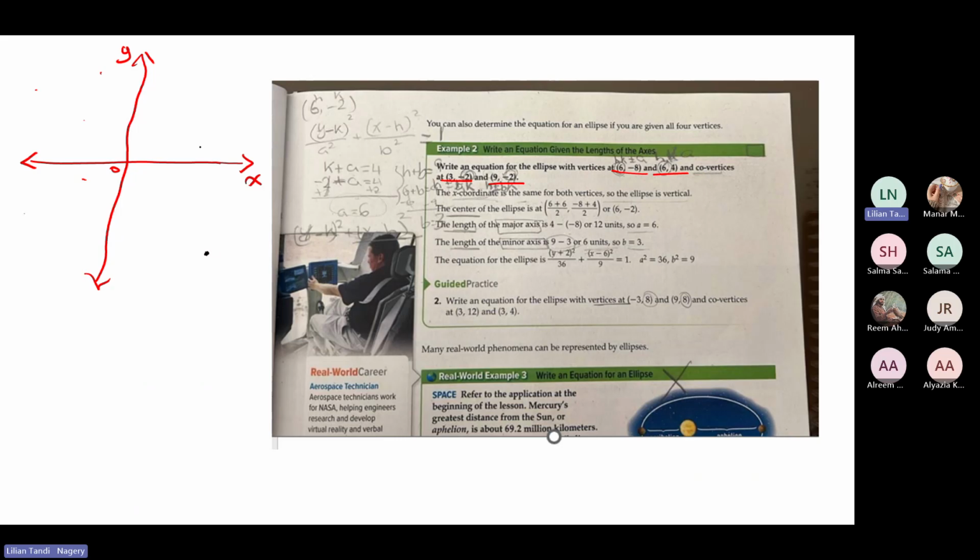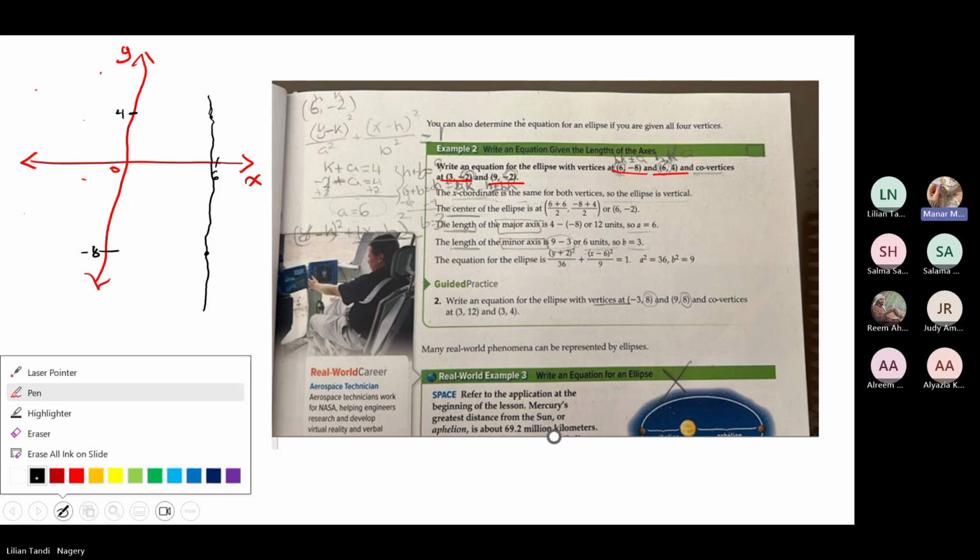And 6, 4 will be here. This is -8. This is 4. And it is the vertex. So you go like this. Okay. Now the co-vertices are where?